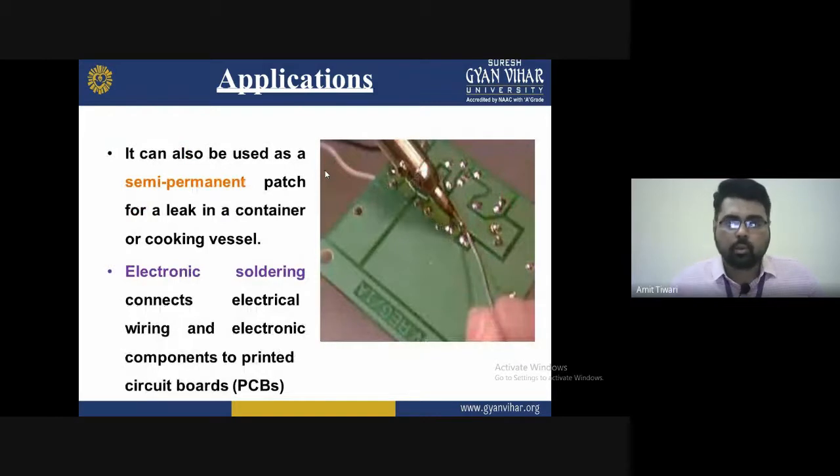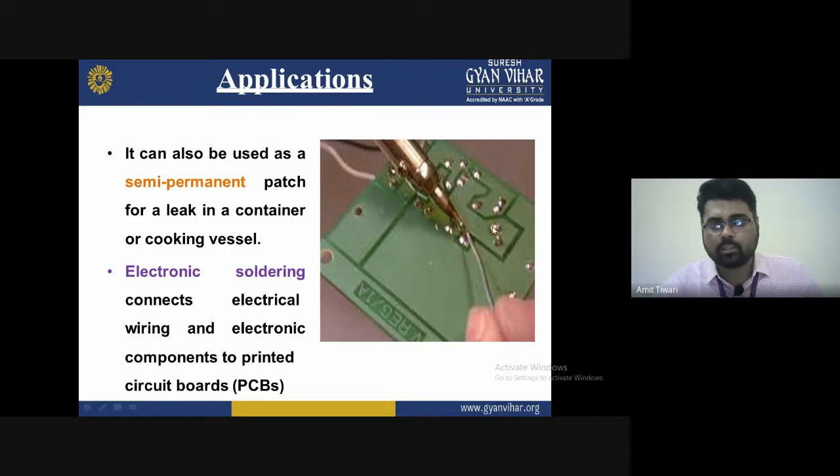It can also be used as a semi-permanent patch for a leak in a container or cooking vessel. If some portion of a container or cooking vessel leaks, you can also join it with soldering.